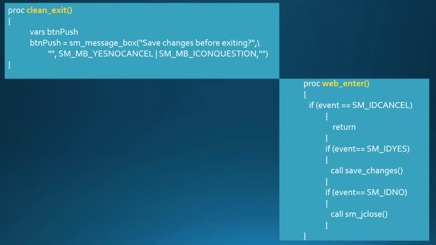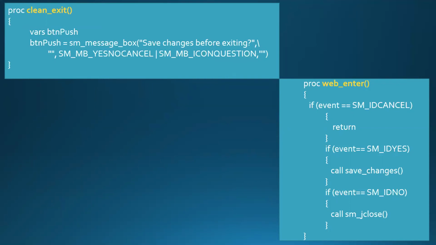In this step, I will make sure that the line which invokes the function SM message box is the last thing to execute in that procedure, and the rest of the code that is split off from the original procedure will be executed in the web enter function based on the response, like this. Here I'm using a hidden field event to save that response.